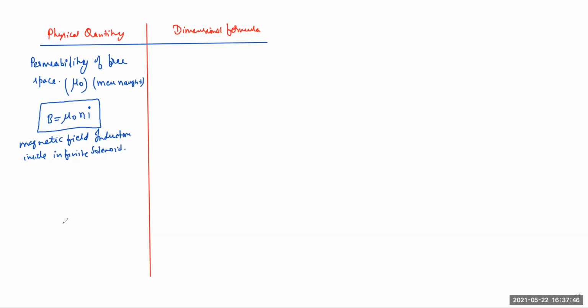So we have to use this formula. What n represents, I need to mention: n is the number of turns of coil per unit length of solenoid.